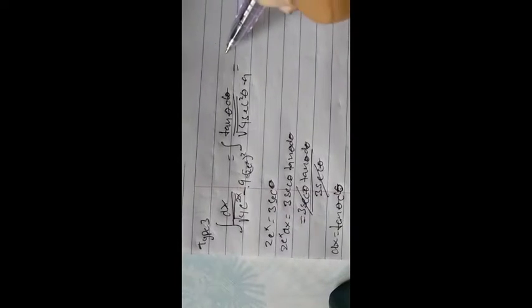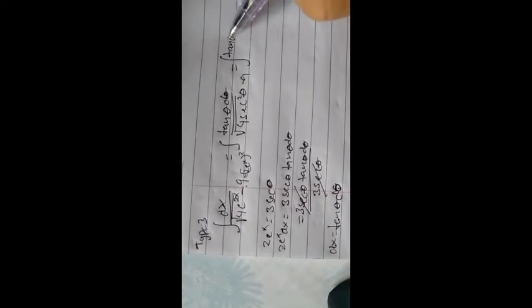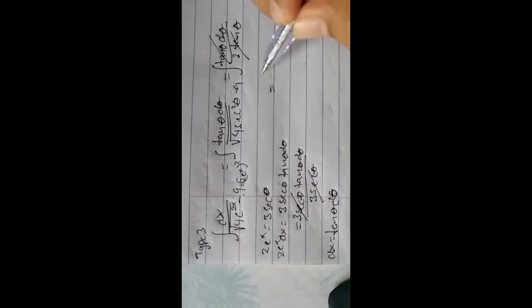Then cancel this out. This answer will be dx equals tan theta d theta. By the way, after that, we're going to get a derivative. Then we convert this. This will be integral of tan theta d theta over 3 tan theta. And getting this part, this will be equals to 1/3.